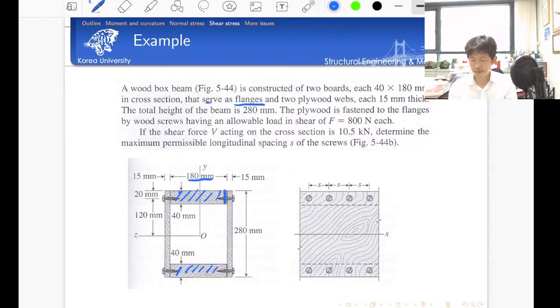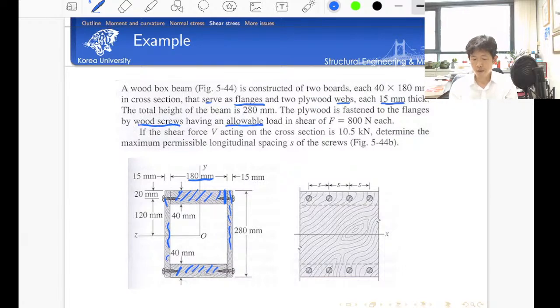And then two plywood webs, and each is 15 millimeters thick. We have two plates here, and they are connected together by using screw nails. So we have wood screws, and then we connect them.